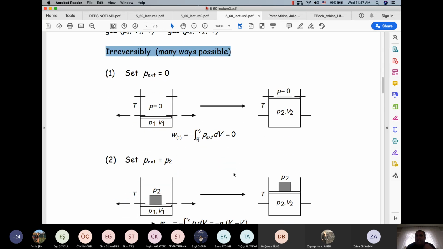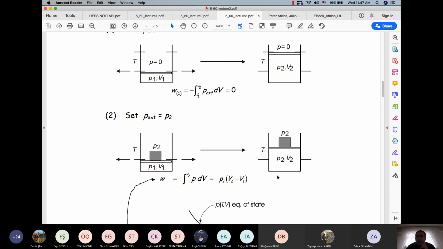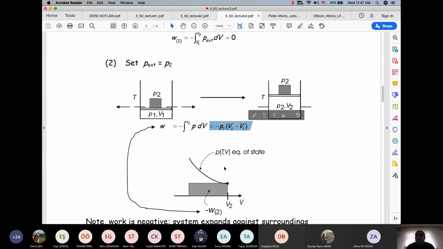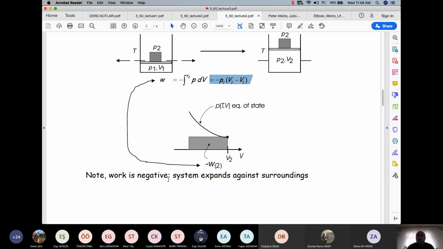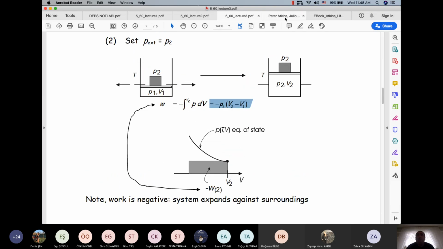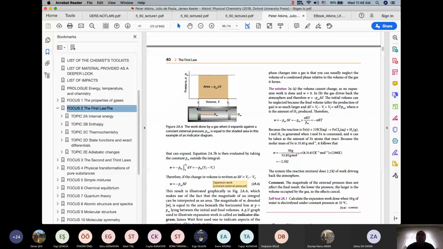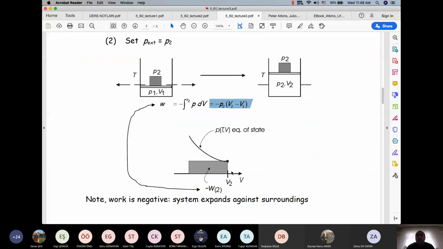In the second case, I chose a point where the pressure is actually P2, and I ended up getting P2 times (V2 minus V1), and the work that's created is this. So there is a work scale over here that's not obvious. Maybe looking at here. Yes, here. In the second case, I produce such kind of work. Okay. The volume change. This is V1. That is V1 over here.